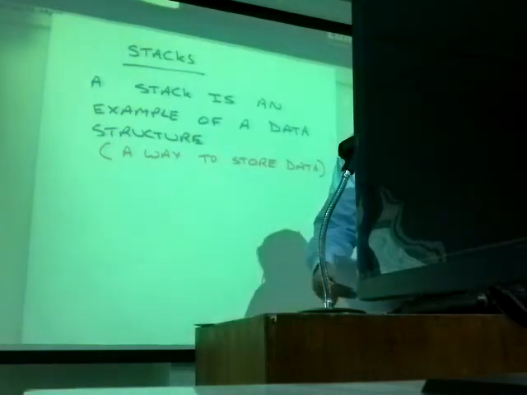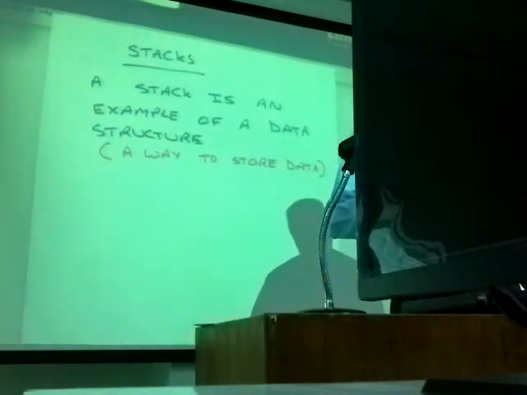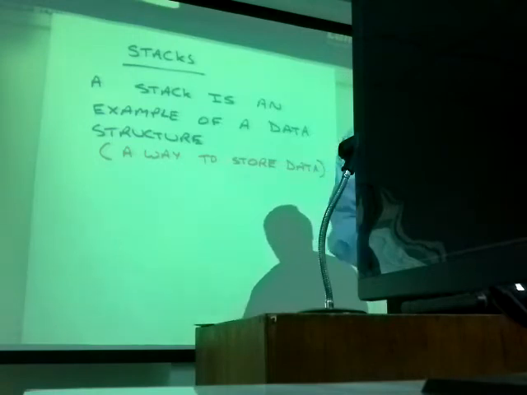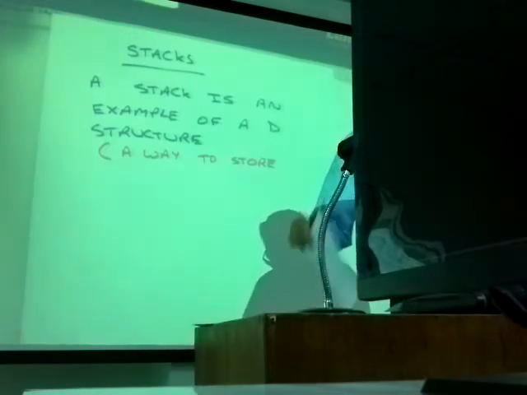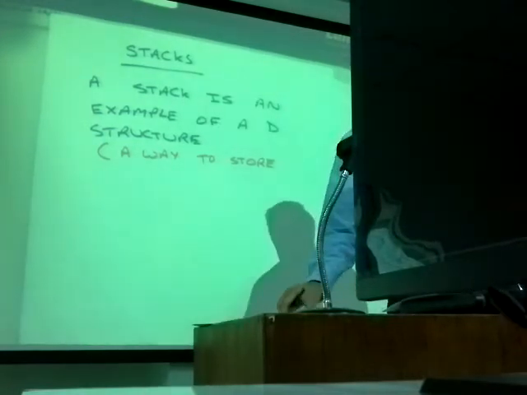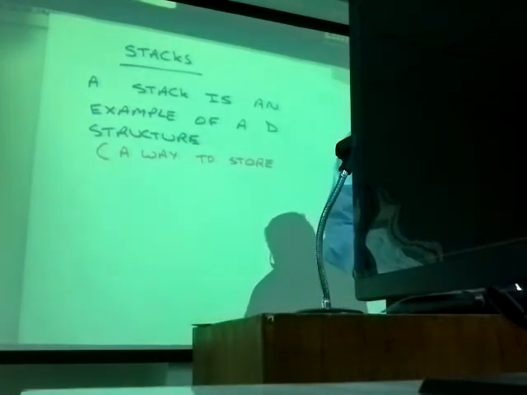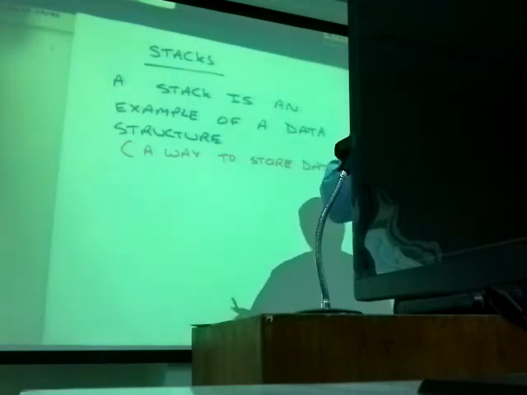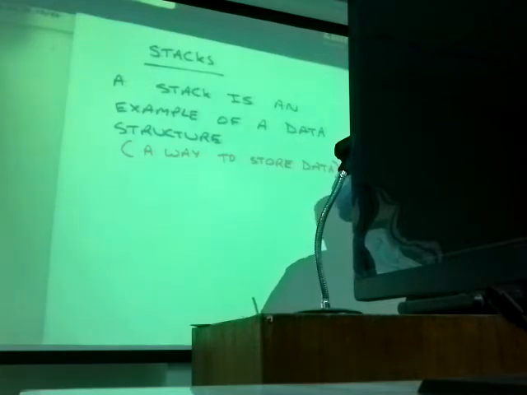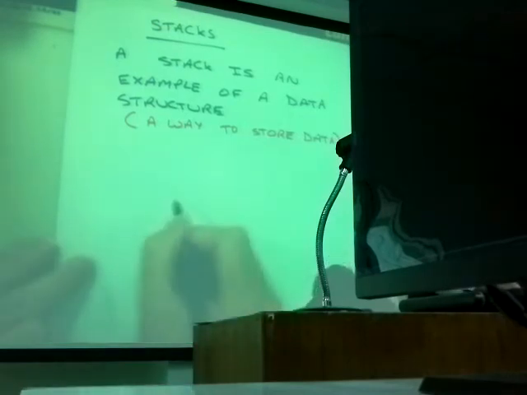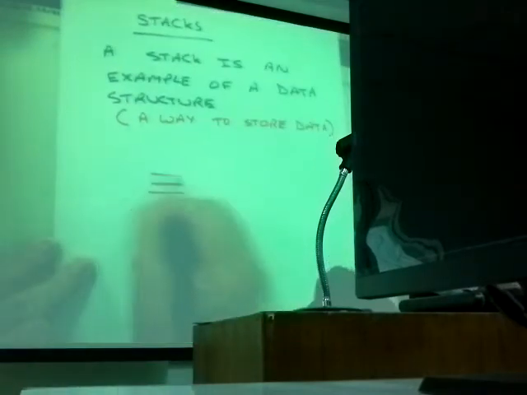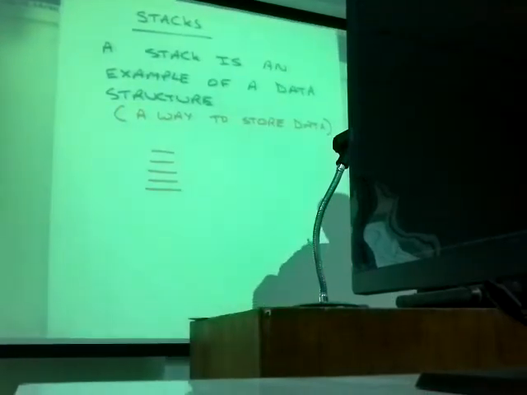A stack means that we take one piece of paper and then we put another on the top, and another on the top, and another on the top. This then is a stack of paper. All right? You understand? So a stack means that we put one thing on top of another.